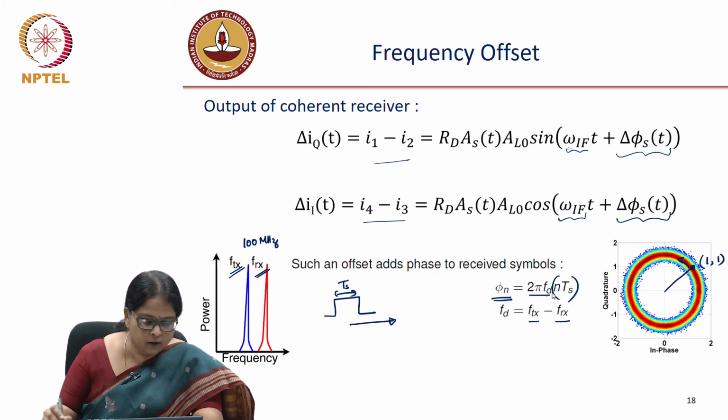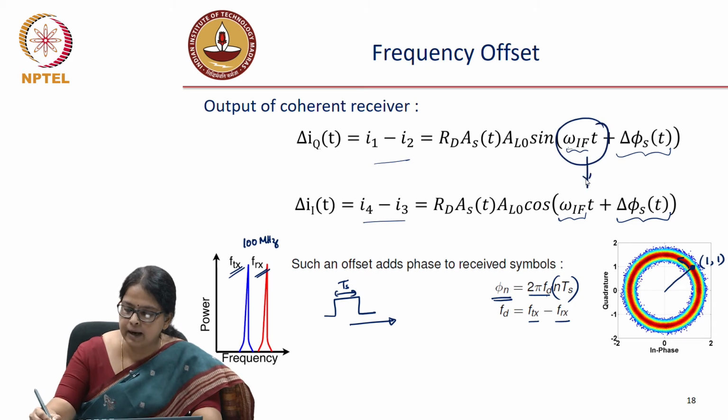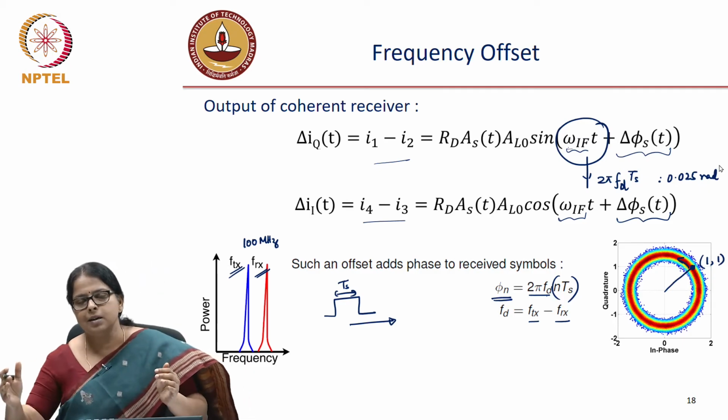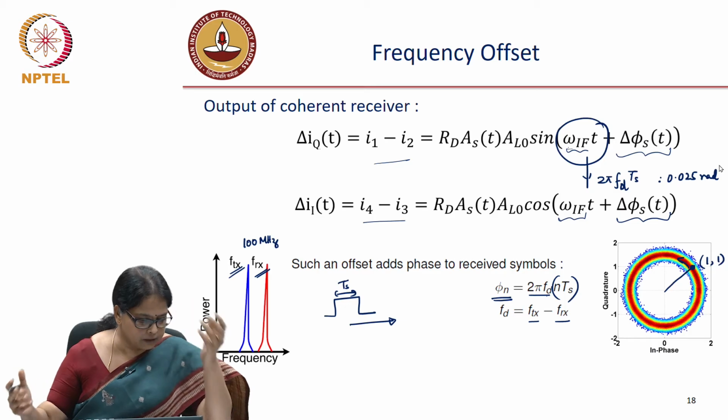This 2 pi FD Ts over one symbol simply means that the resultant phase, this is the undesired phase, because of this omega IF t, would have accumulated by 2 pi times FD times Ts in one symbol duration, and this is about 0.025 radians, which means that over, let us say, 2 power 14 symbols is our situation.